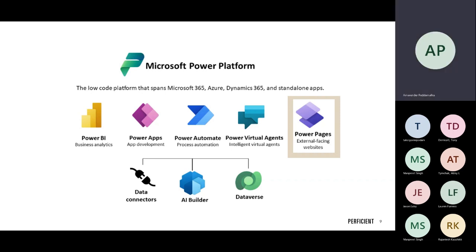Power Virtual Agents, those are some of the newly upcoming, I would say, still, chatbots. If you go to any credit card site, or you log into Verizon or T-Mobile, whatever your service provider is, there's that chatbot in the lower right hand corner that pops up saying, hey, how can I help?